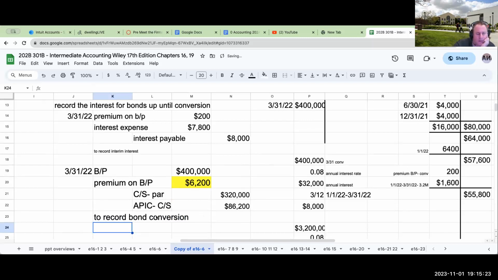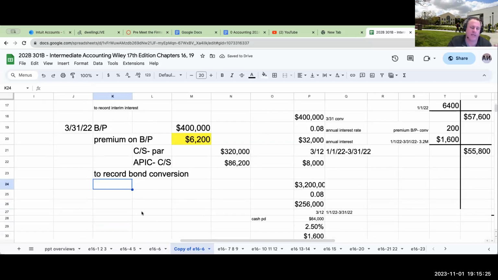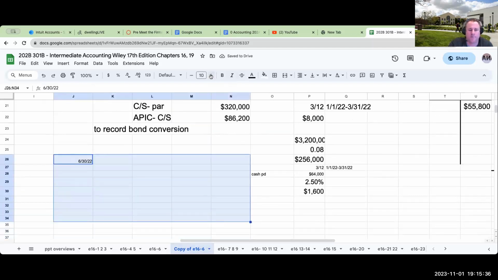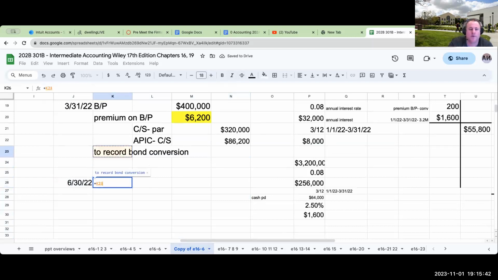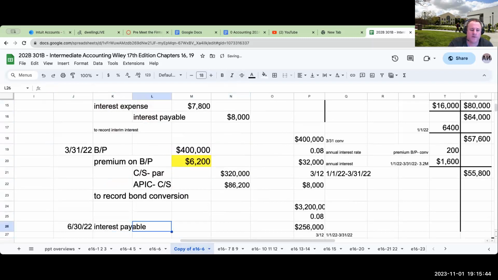Okay. So the last part here is now I'm going to pay interest. So on 6/30/22, I now have to pay bond interest. When I pay bond interest, what I have to remember is over here, I recorded this interest payable amount of 8,000.